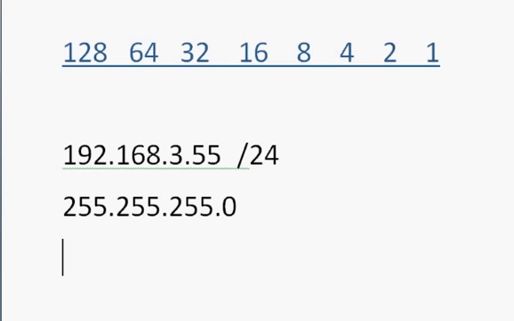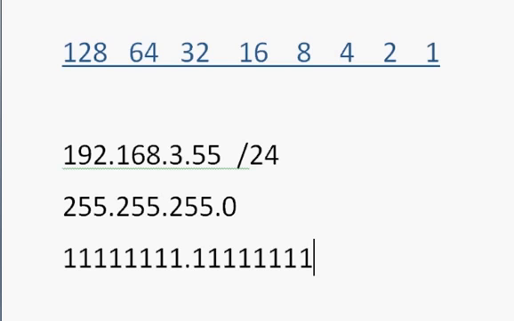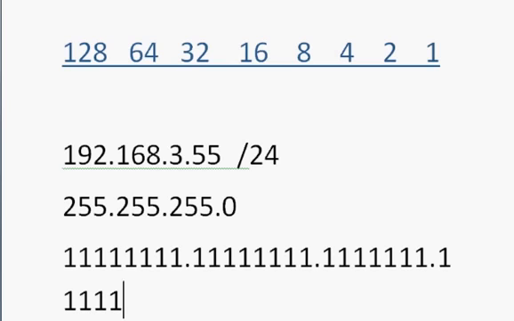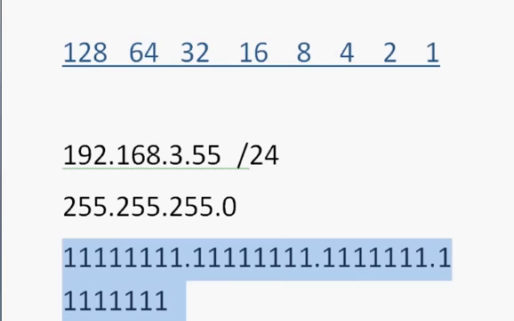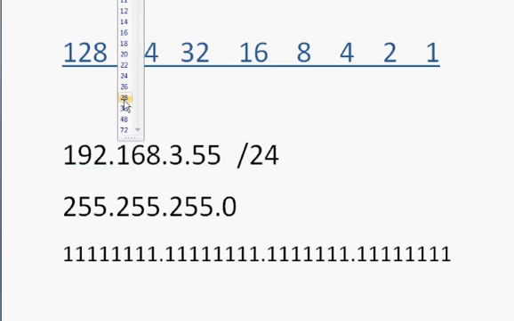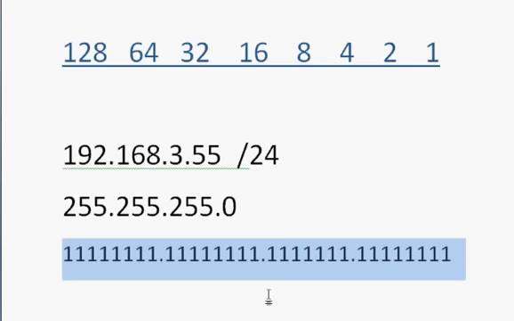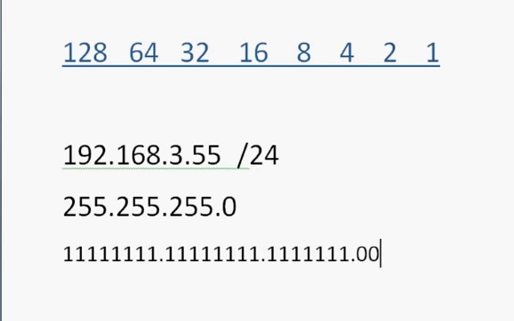There's the first octet, there's the second octet, third octet, and it goes right off the page, so I'm going to make the font smaller so you can see it a little bit easier. Okay, so there it is. And it wouldn't of course be all ones at the end, it would be 0, 0, 0, 0, 0, 0, 0, 0. Sorry about that.